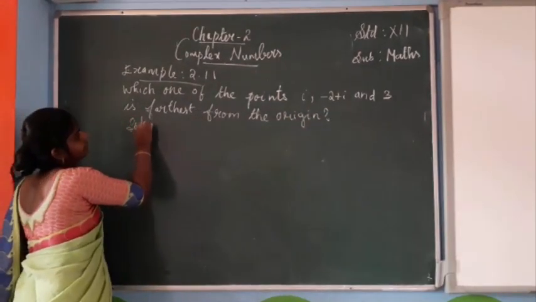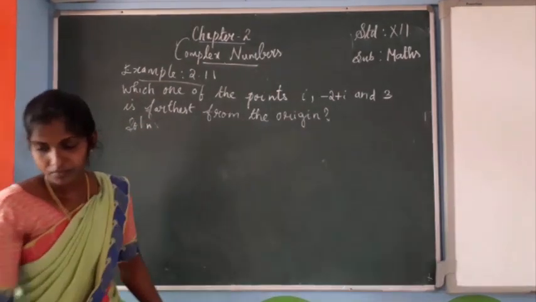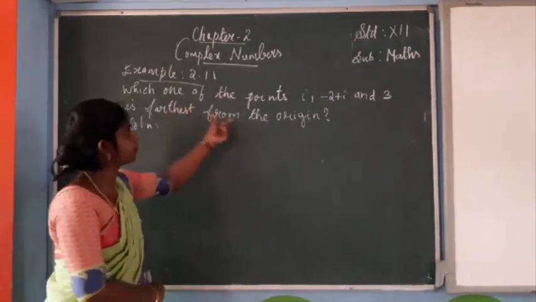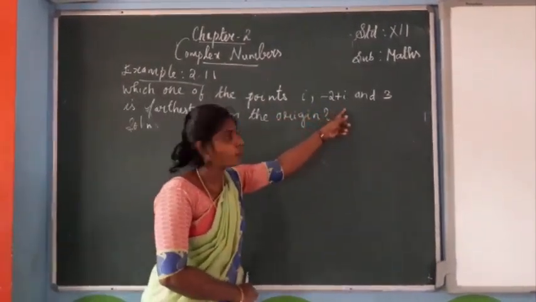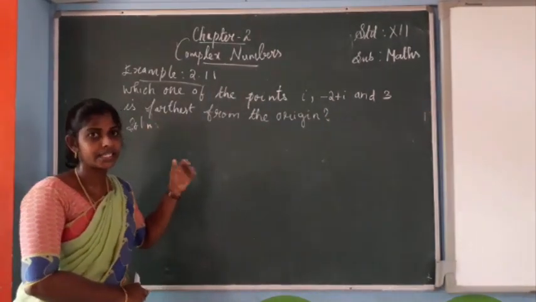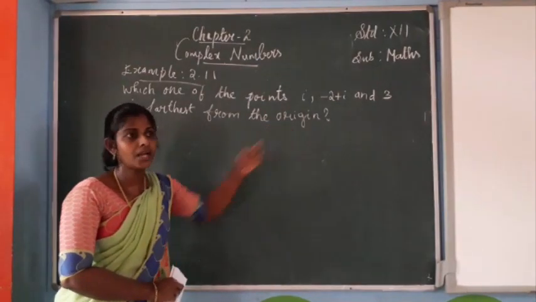Solution. Which one of the following points? Which one of the points i, minus 2 plus i and 3 is farthest from the origin? That is, you have to find which value is farthest from the origin.